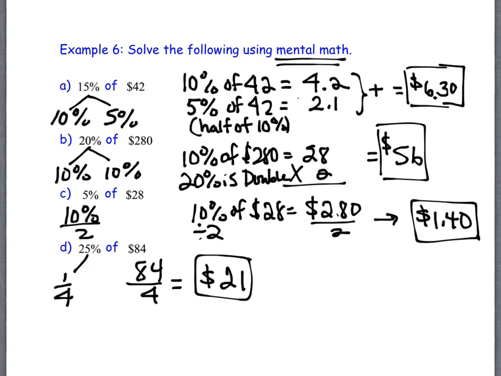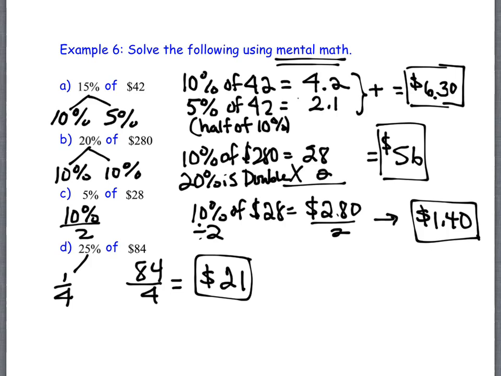If you didn't think of that, what did you think of? Because there's another option. Okay, so you could do half and half twice. That's true. You could do that. I didn't even think about that, but that would work too. What else could you do? You usually have students that want to do it like number 1, where they want to find 10% and double it, and 10% and half it, and then add those values together.